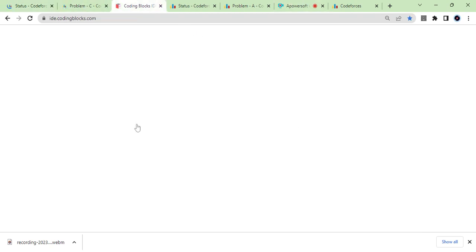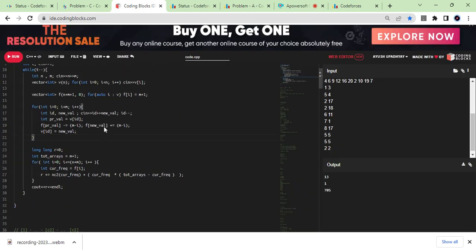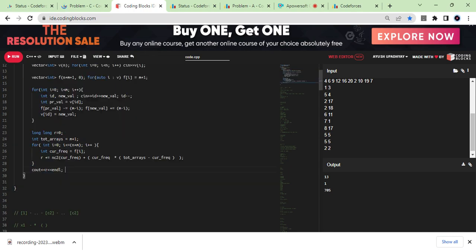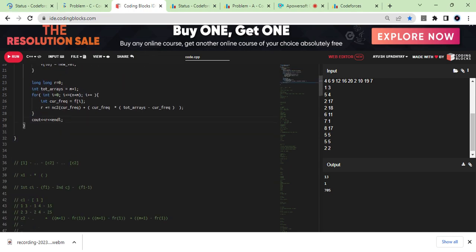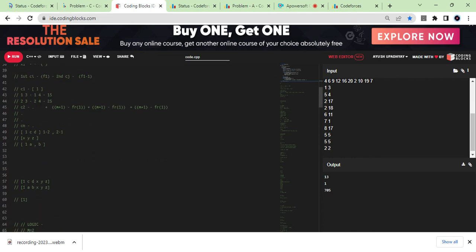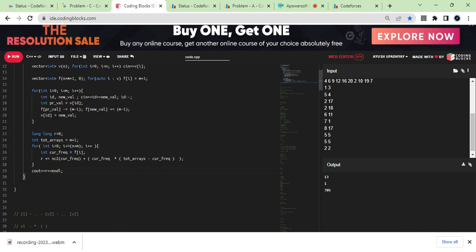So yeah, the basic crux of the problem was very simple. I think implementation was very simple, but logic was slightly unique in its own way. You have to initialize this with all the same elements and consider the frequency of everyone as m plus one.